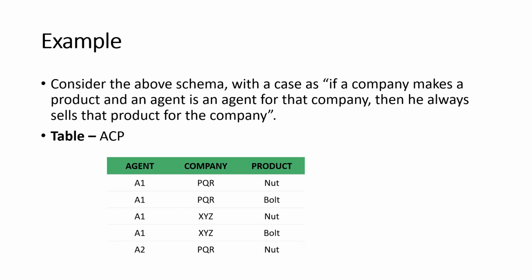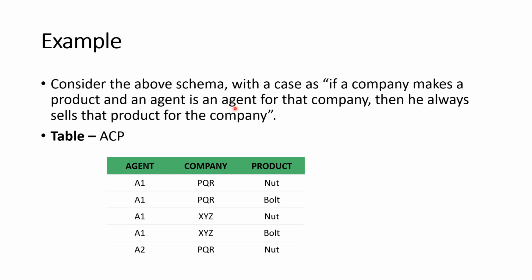Here is an example. Consider the above schema with a case: if a company makes a product and an agent is an agent for that company, then he always sells the product for the company. We have already discussed that example, and now we are making some changes in it. If a company makes a product and an agent is an agent for that company, some changes are there, but the column names or attributes are the same: agent, company and product.